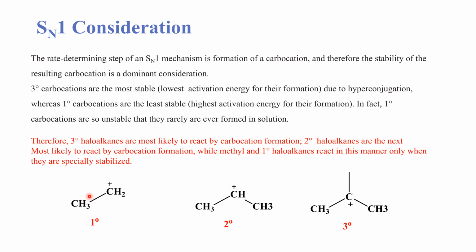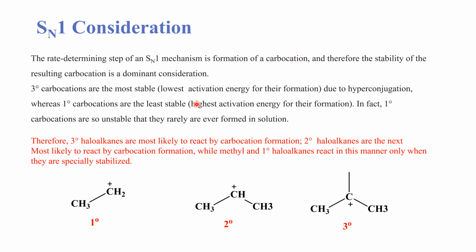The first thing we already have established is that SN1 is the reaction which will proceed through a stable intermediate, and that is the carbocation formation. We also know that tertiary carbocations are the most stable. They have the lowest activation energy for their formation due to hyperconjugation, whereas primary carbocations are the least stable because they have the highest activation energy of formation.